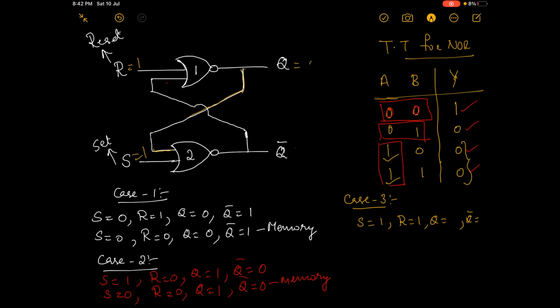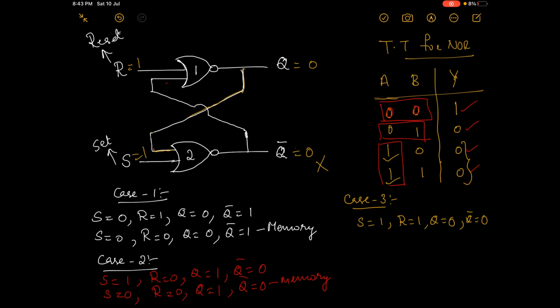Therefore, here Q equal to 0 and complement of Q is also 0, which is wrong. That means each output should be the complement of the other. If Q equal to 0, Q bar should be 1. If Q equal to 1, then Q bar should be equal to 0. But here you can notice that Q is also 0, Q bar is also 0, which is wrong.